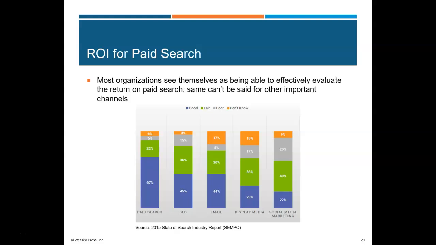But if you look at email or display media, even social media, unless the company is tracking the search results on social media. That's another thing. We'll go over that later on.